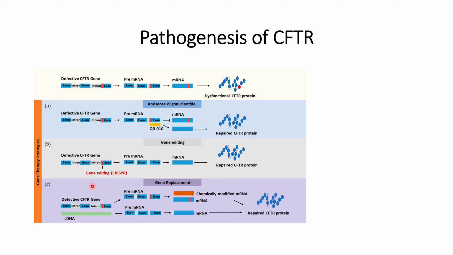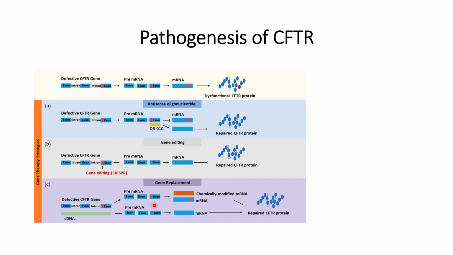Last one is gene replacement. In this, the defective CFTR gene can be converted into a cDNA with the help of reverse transcriptase or some other process, and this complementary DNA can then be corrected either artificially or in vitro, with the help of different technologies.